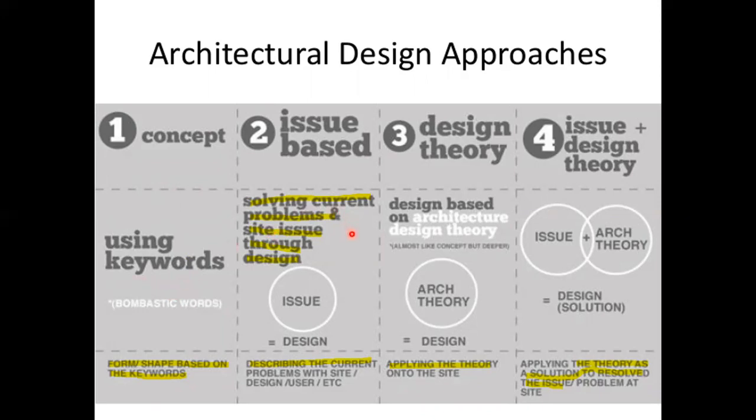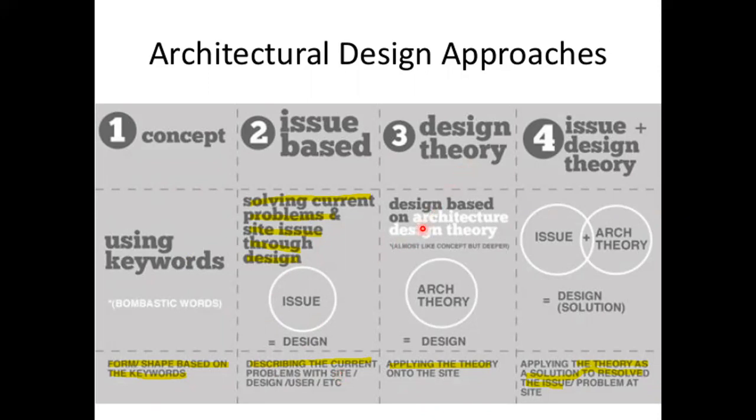Then the second one is issue based, solving current problems and site issues through design, describing the current problem with the site. Issue based design mostly describes which problem you are actually going to face, and through design you are resolving that particular problem.